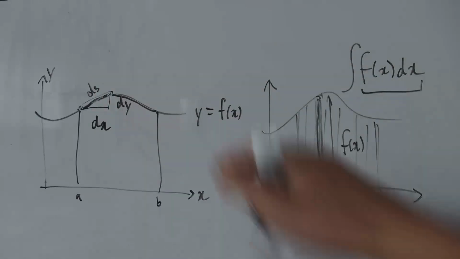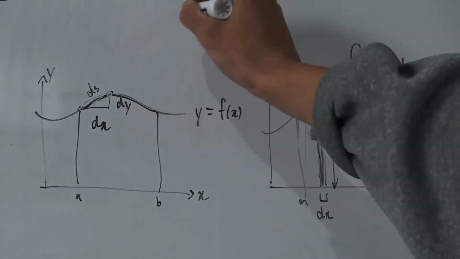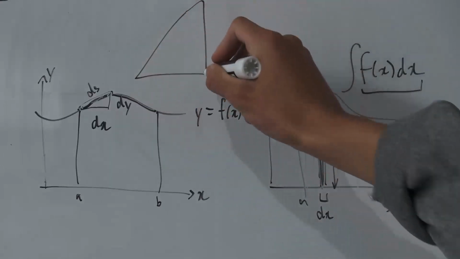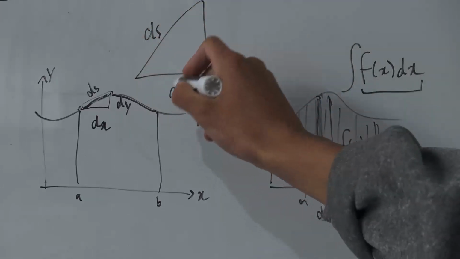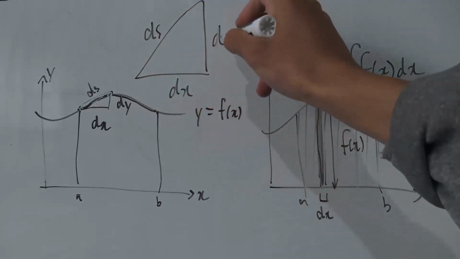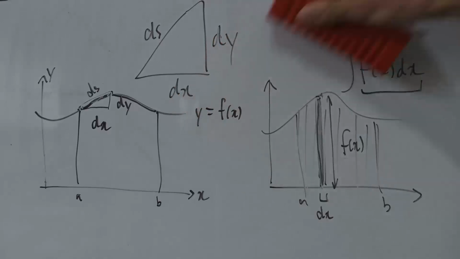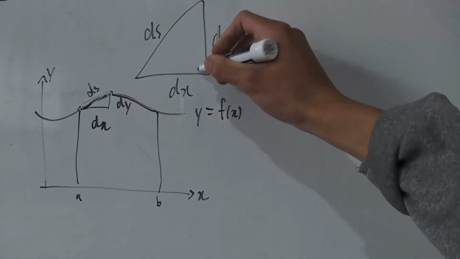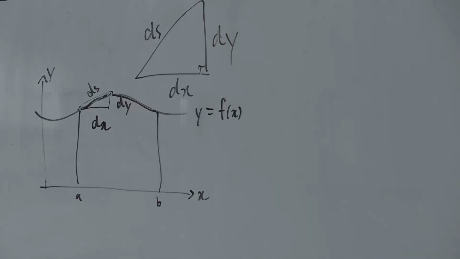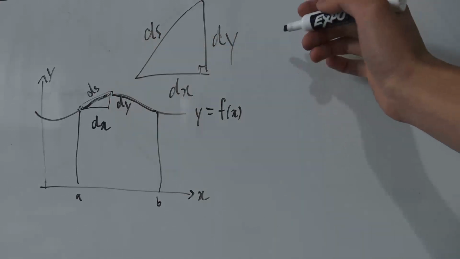Let me draw up another picture here. This is the triangle we're looking at. We have our ds here, dx down here, and a dy here. I'm just going to rub this picture out because we don't really need it anymore. This is a right angle triangle. So how can we find ds in terms of dx? Well, we can first of all relate all the sides.